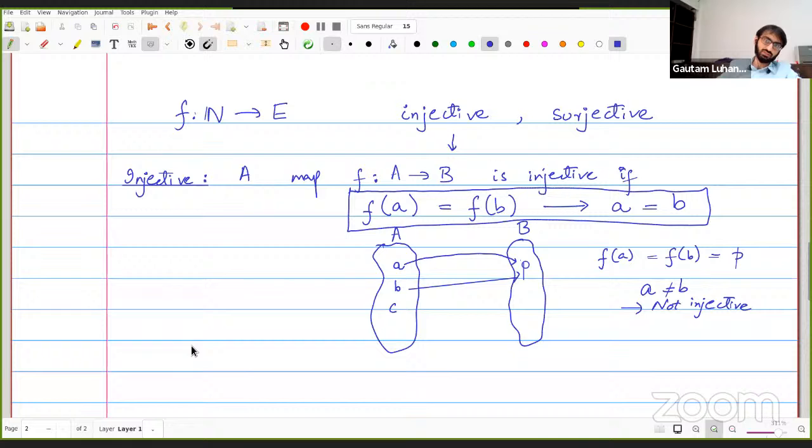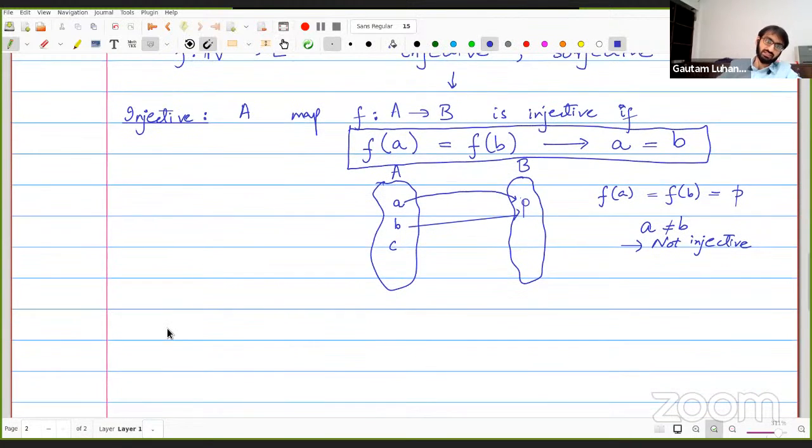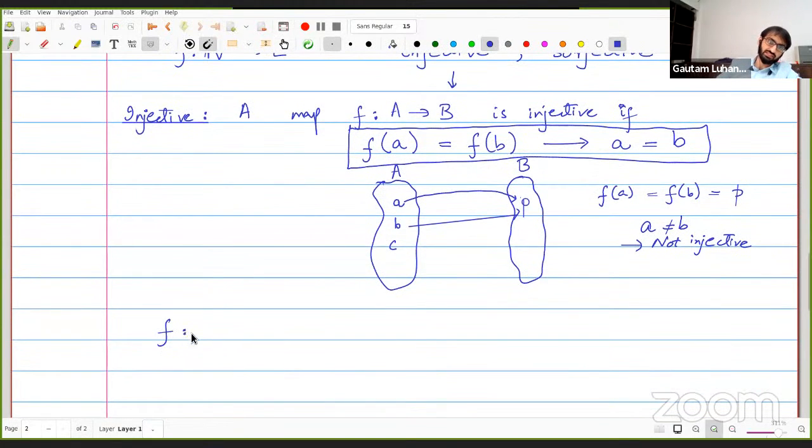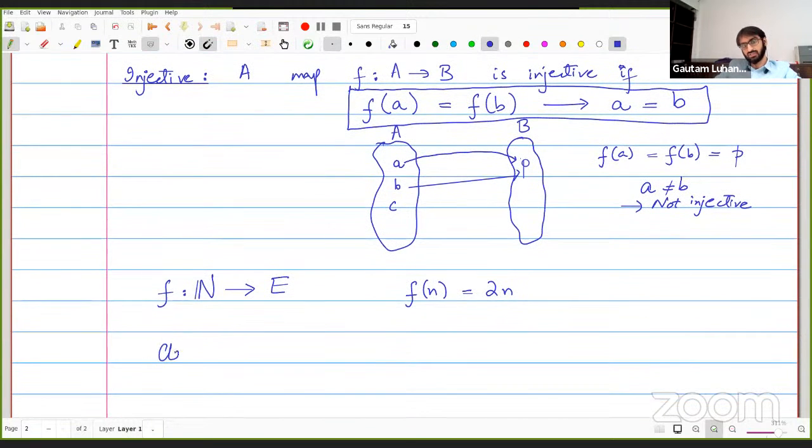So if there are no questions, can someone help me prove this idea, that when I create this map from the set of natural numbers to the set of even numbers, f of n equals 2n, the map is injective?